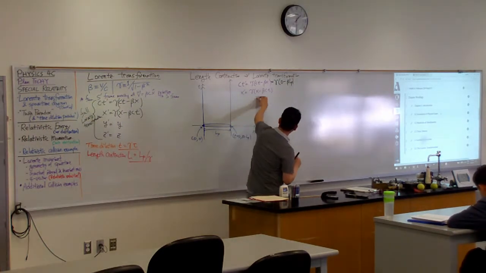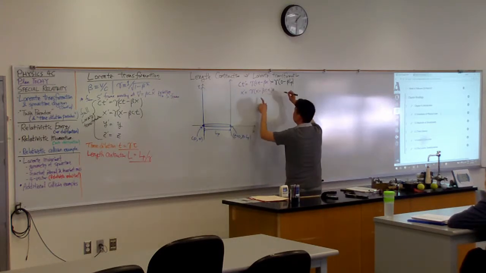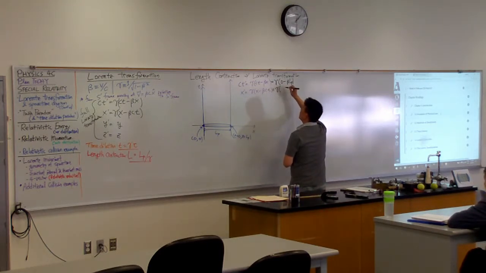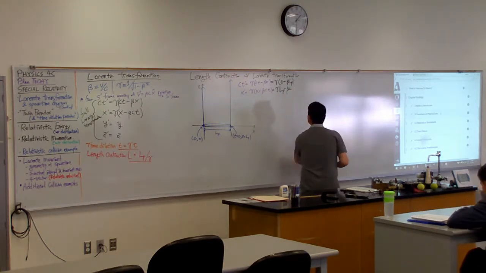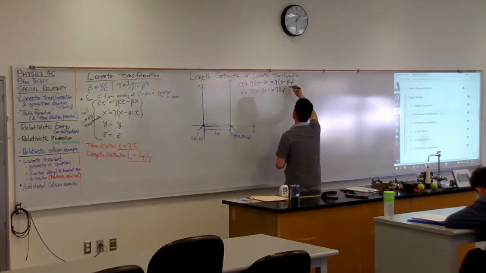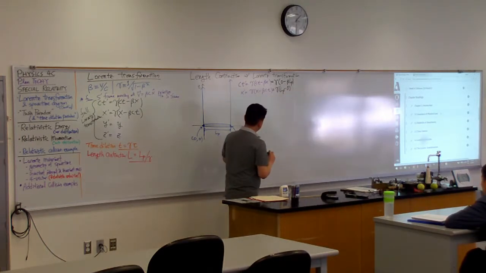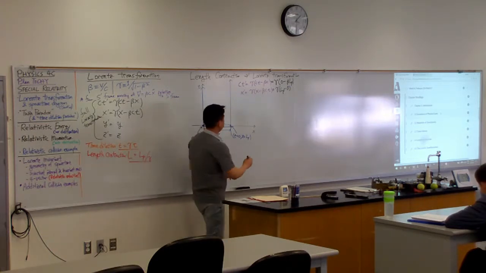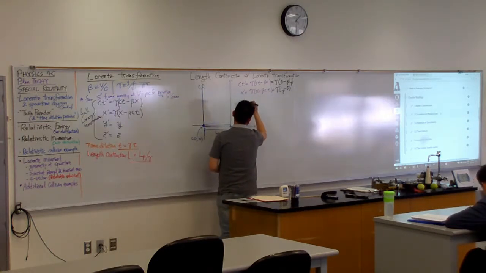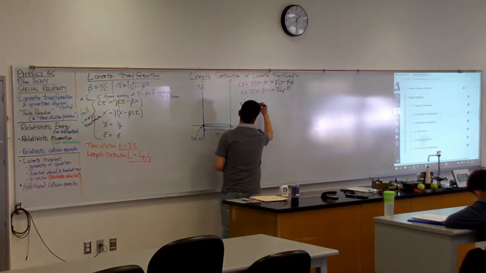Plug in the same numbers here: LP for x, gamma LP minus beta c times 0. So it's 0 again, minus 0. And this is what you're measuring. X prime is the coordinate where you measure. And this is what you're finding: X prime is equal to gamma LP.